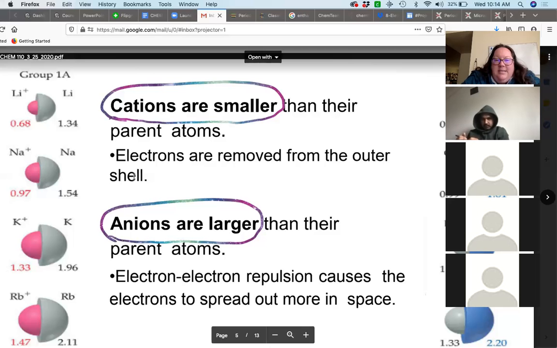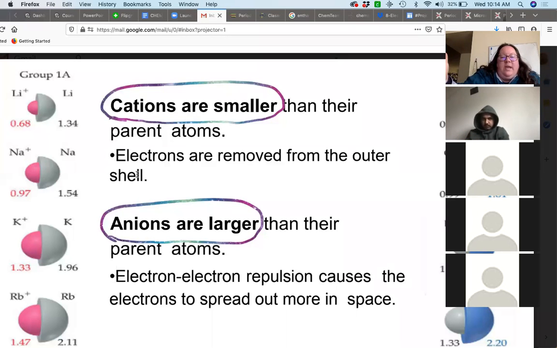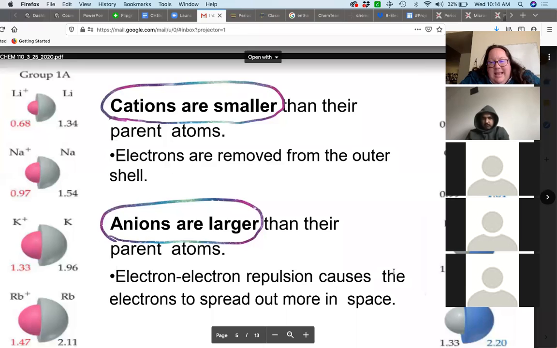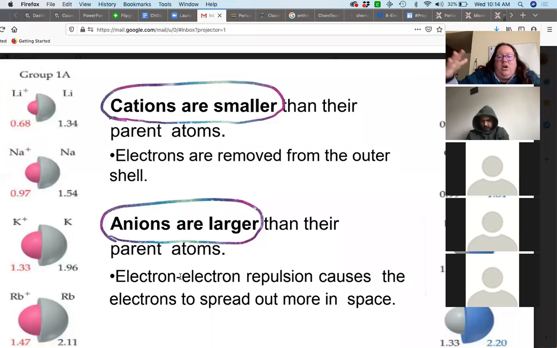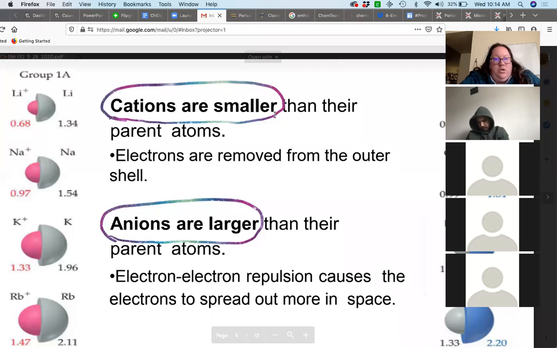Well, for cations, it's because we're taking an electron away. And if we're thinking about anions as to why they're bigger, that's because there's electron-electron repulsion that causes those electrons to spread out in space. And so they're going to get bigger as we add electrons, and they're going to push each other further away.